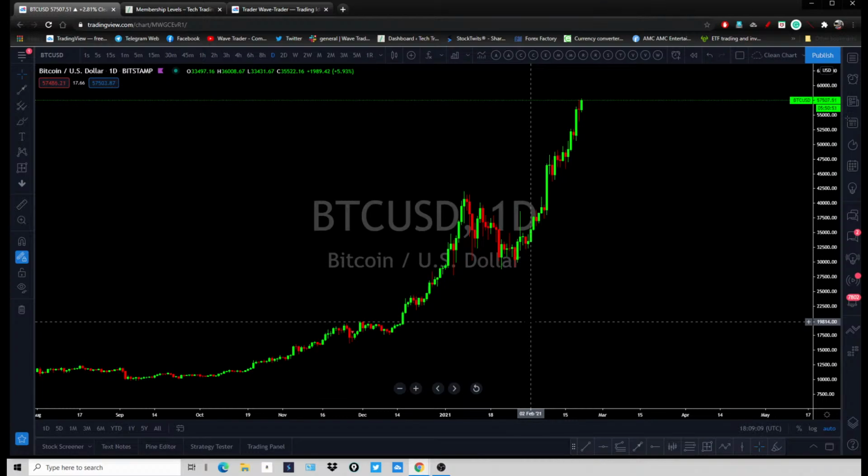Who's making money? Those who are holding it from the lows. Their profit is multiplying. Those who are holding it from, let's say, $1,000, $2,000, $3,000, $4,000, or $10,000 are making money. Those are the longer term holders. Short term investors can still make money, but only for the short term.